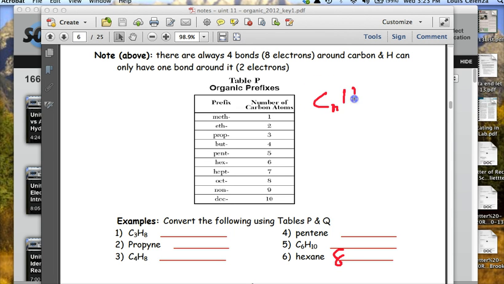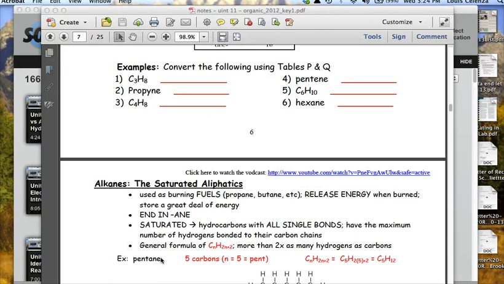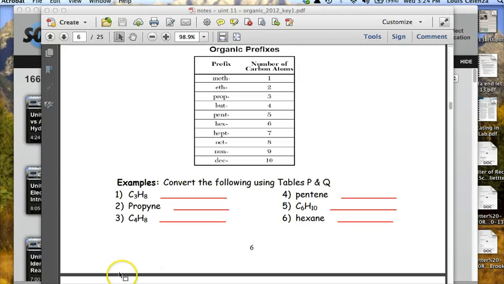It's CnH2n plus 2. I plug 6 in. 6 times 2 is 12, plus 2 is 14. And that's the molecular formula for hexane. And that's how you use tables Q and P. Okay? And that is the end of this lesson.